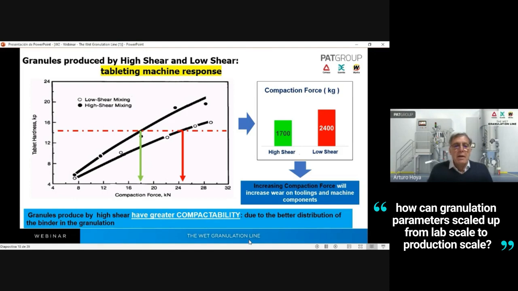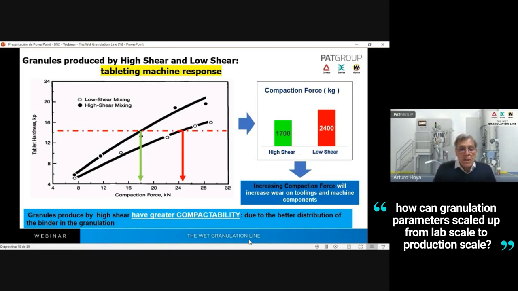The most common approach is to use the concept of constant tip speed. Tip speed is RPM times diameter: the revolutions of the impeller multiplied by the diameter of the impeller.